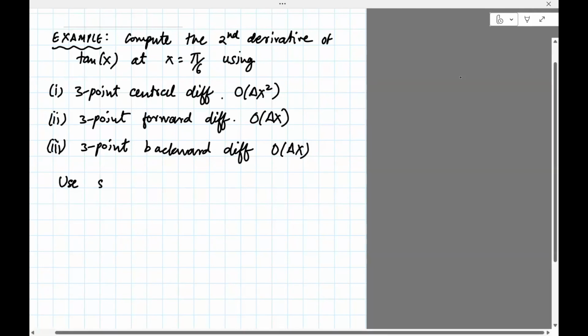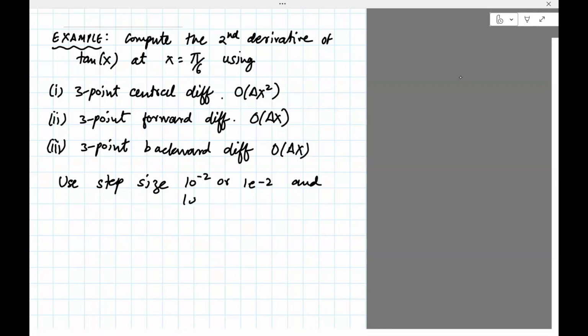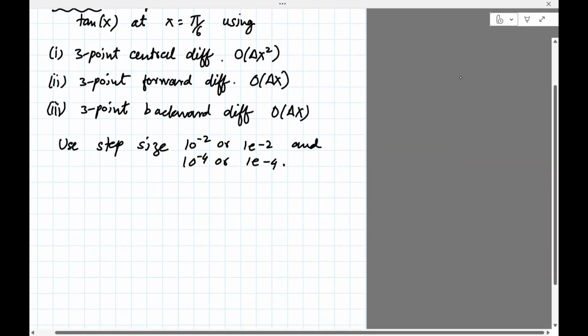So use step sizes of 10 raised to negative 2, or 1e negative 2, and 10 raised to negative 4, or 1e negative 4. Okay, and of course, compare against actual values.